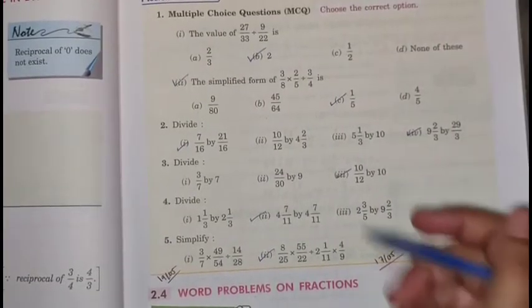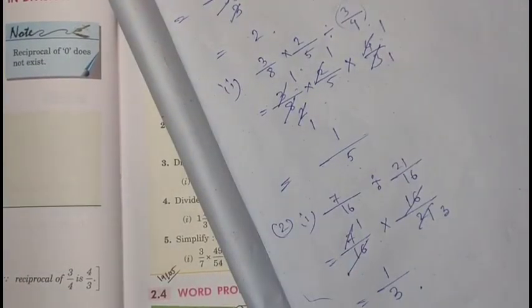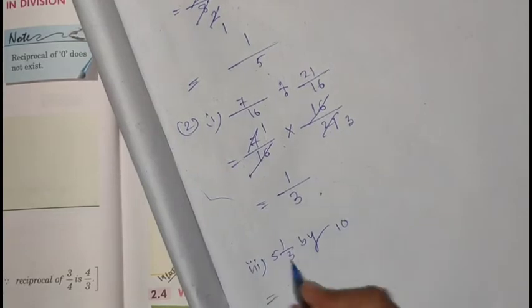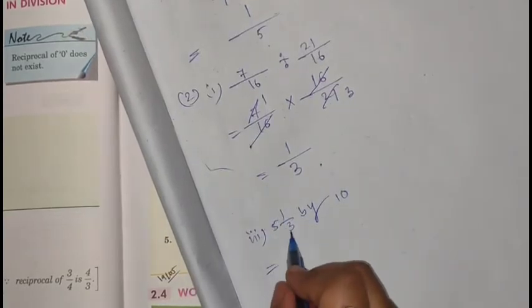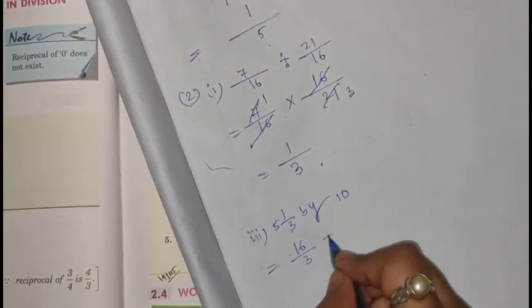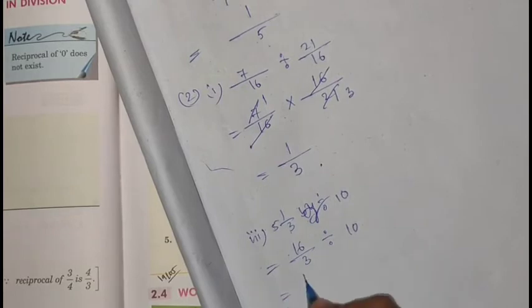So now let's solve question number 2 3. 5 whole 1 by 3 divided by 10. 5 whole 1 by 3, that means 5 3s are 15 plus 1, 16 by 3 divided by 10.